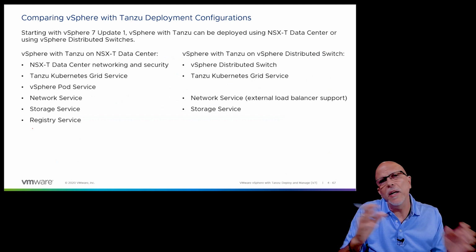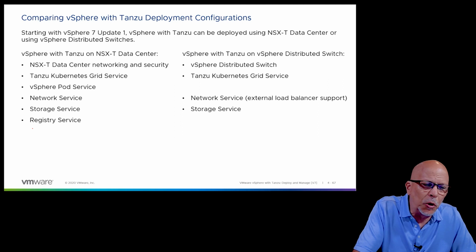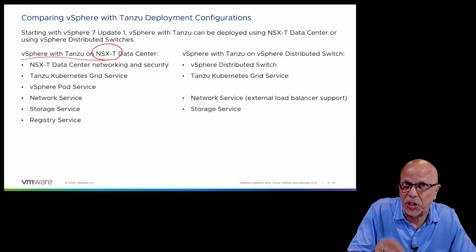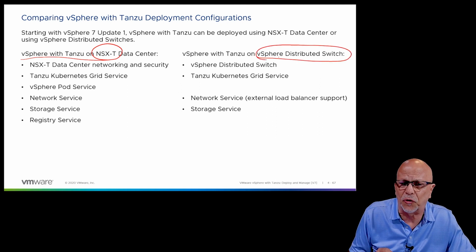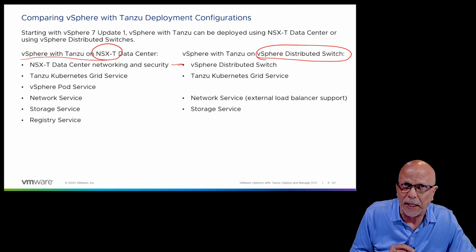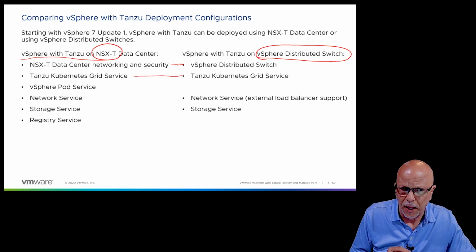So if we wanted to contrast the two features to each other, when we're doing vSphere with Tanzu and NSX-T on the left side versus using it with vSphere distributed switches, obviously we're using two different networking stacks. For our first bullet, we still can do the TKG service.